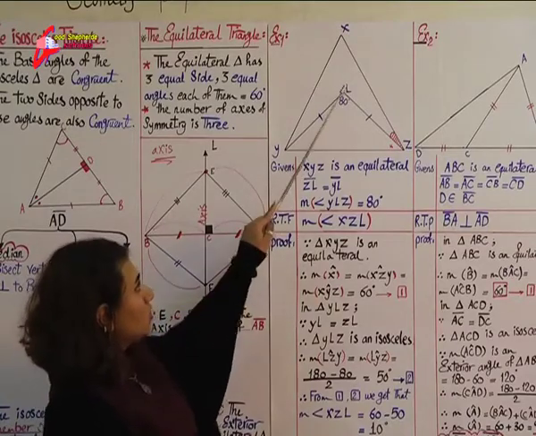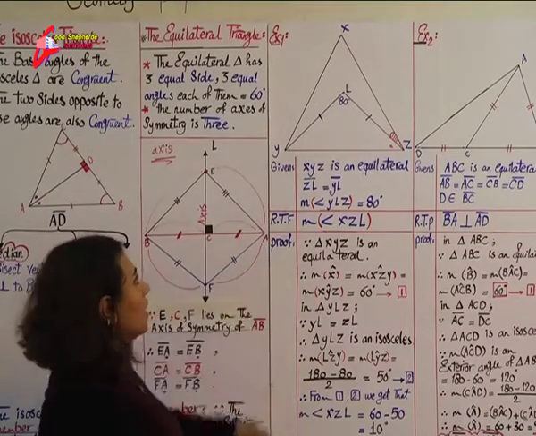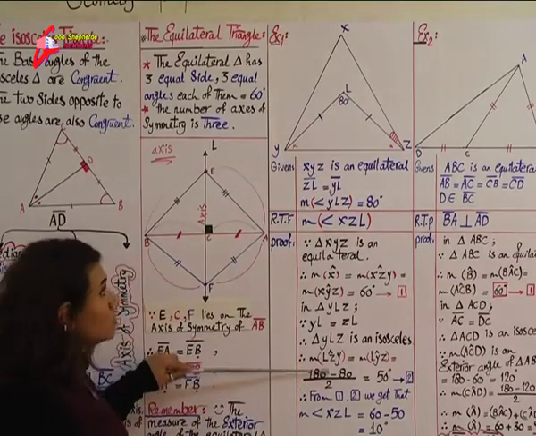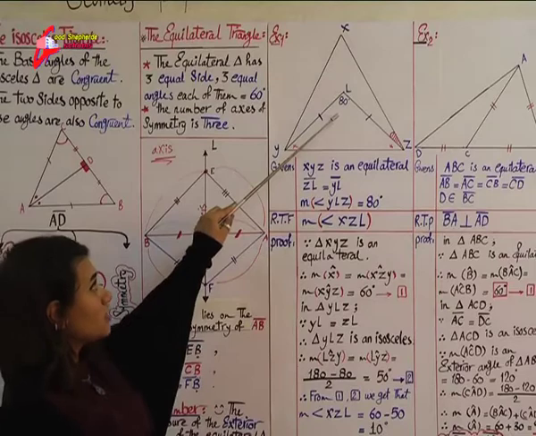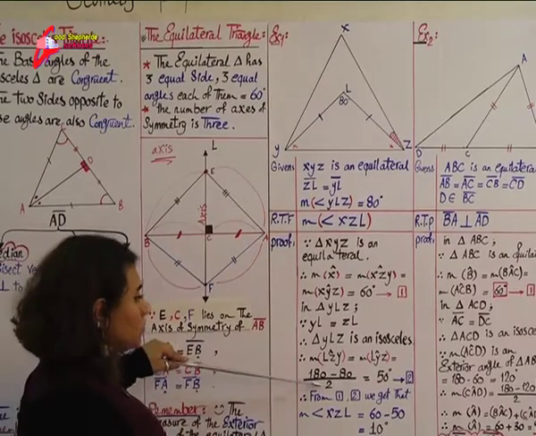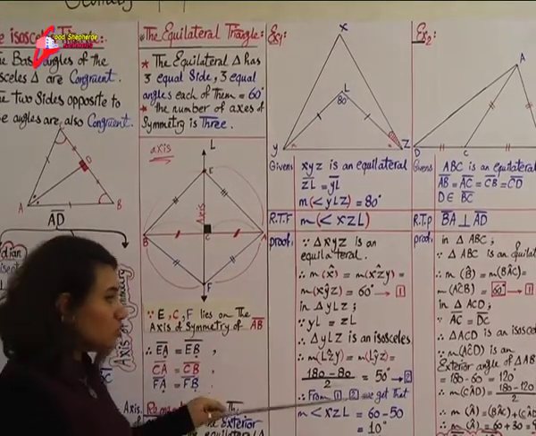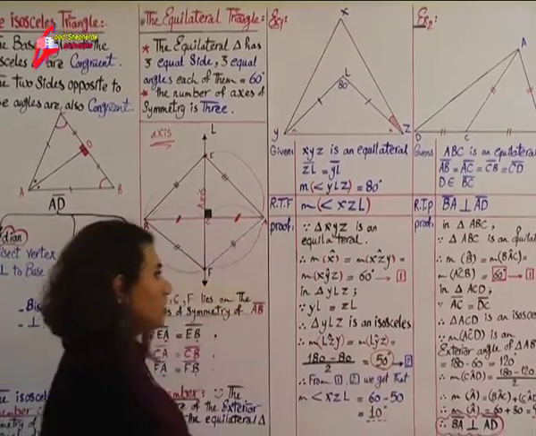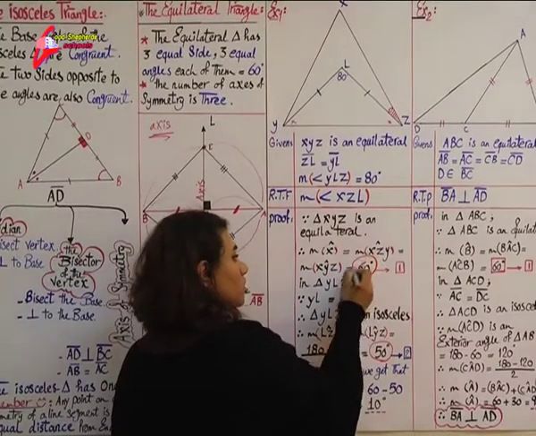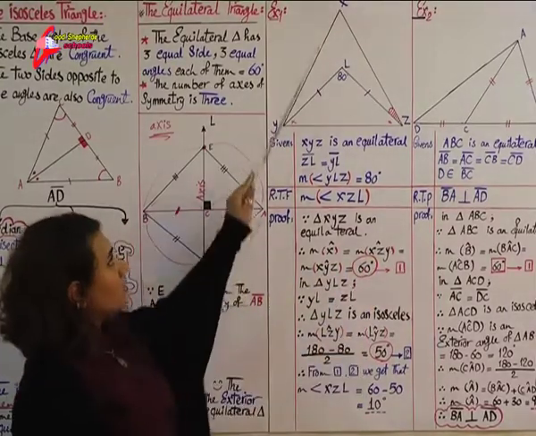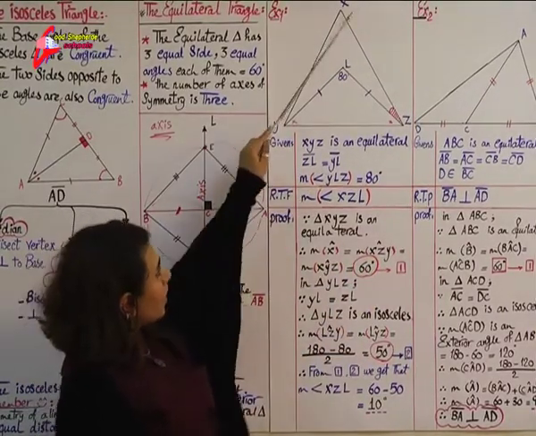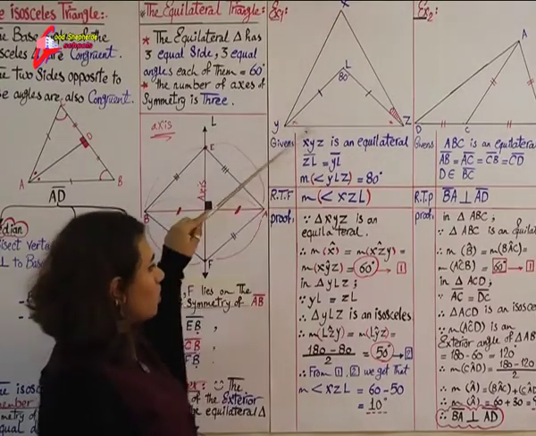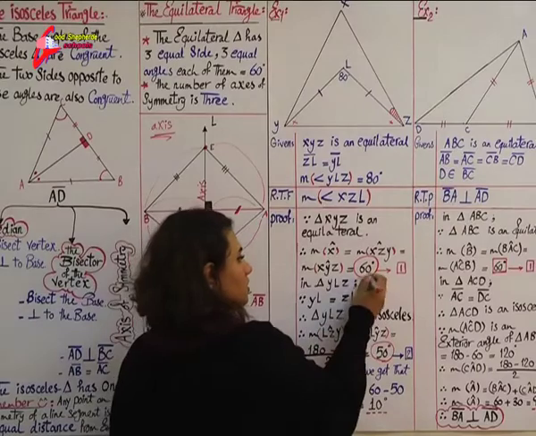Both of them will be 180 minus 80, which is the vertex angle, divided by 2, because they are 2 congruent angles. Both of them will be 50 degrees. At the beginning, we found that the measure of angle XYZ equals 60 degrees, and XZY also is 60 degrees.